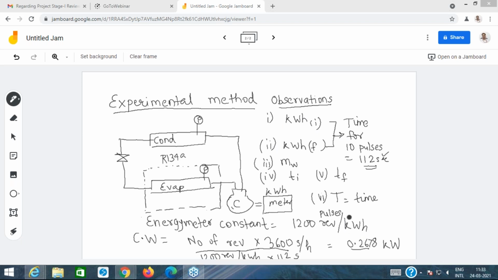That could also be done, but now because I have the time for 10 pulses, and I also have the value of the energy meter constant, which is 1200 revolutions per kWh, I can straight away find the power consumption as number of revolutions into 3600 upon 1200 into 112, which comes to 0.2678 kilowatts. So this gives me the power consumption by experimental method.